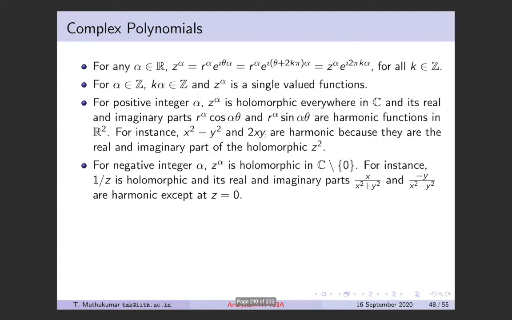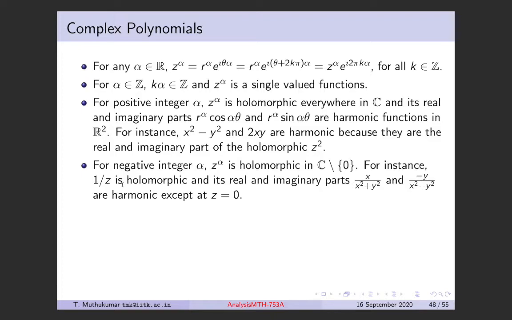Now when alpha is negative, then you have a singularity at z equal to 0. So z^alpha is holomorphic in C minus 0. We have already seen one example in previous lectures some time back. The case when alpha is minus 1, you have this 1 over z function which is holomorphic except at 0, and it was actually a map which was inverting about the unit circle, right?